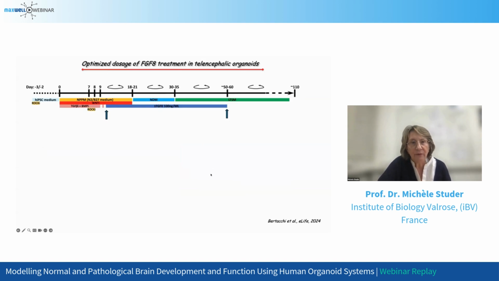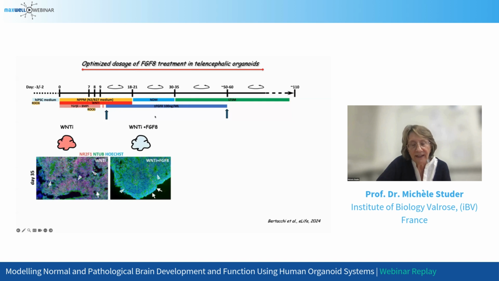So next step, we added FGF8, and we tried to optimize the dosage and the time when we added it. To shorten it, we added it at day 10 of culture until day 50-60.